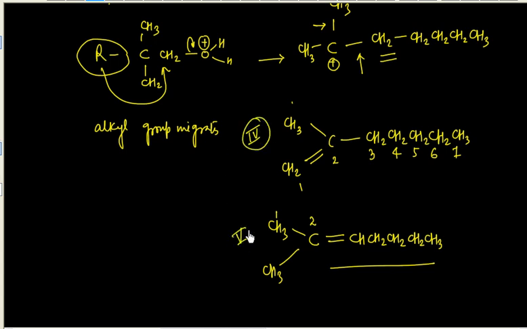So there are 5 isomeric alkenes possible, and cis-trans isomerism is also there. So 5 isomeric alkenes are possible, excluding the cis-trans isomers.